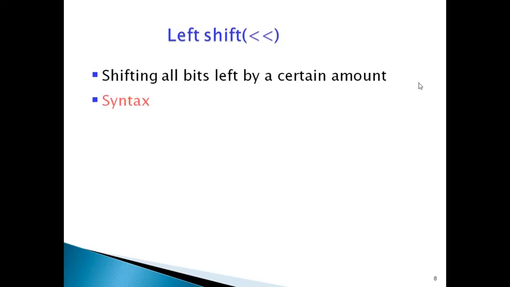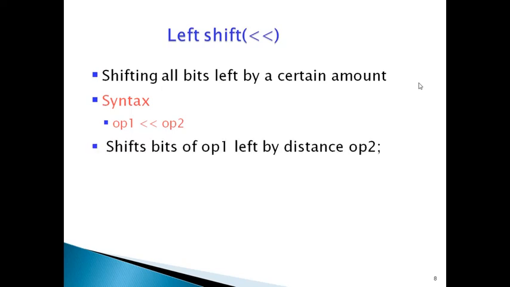Syntax: if you see the syntax, you can understand how it works. Operator, operand 1 and operand 2 are required. It shifts the bits of operand 1 left by the distance of operand 2.